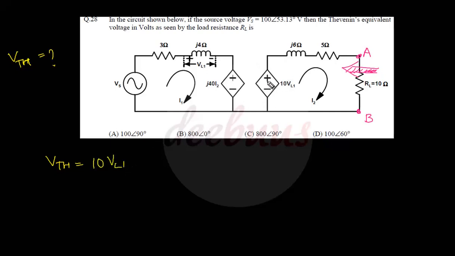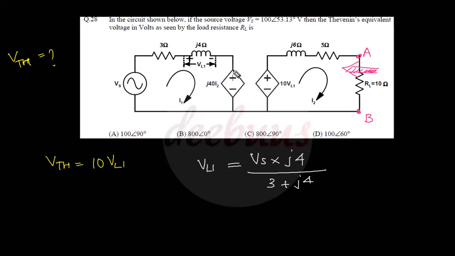This is that source, 10 VL1. Now we have to calculate what is this VL1. VL1 is actually the voltage across this inductor. So VL1 equals Vs into the impedance j4 divided by the total impedance 3 plus j4.